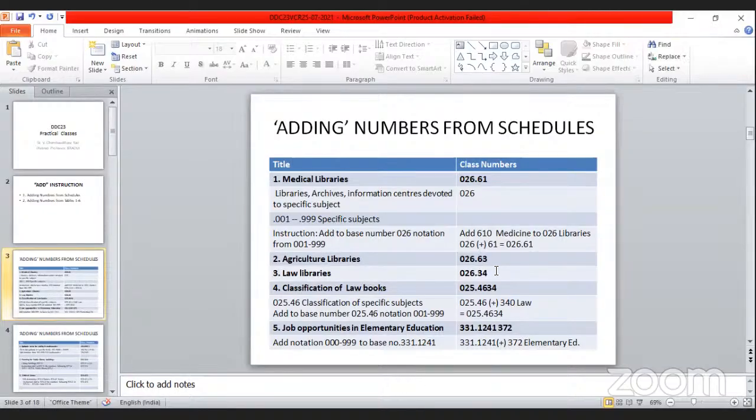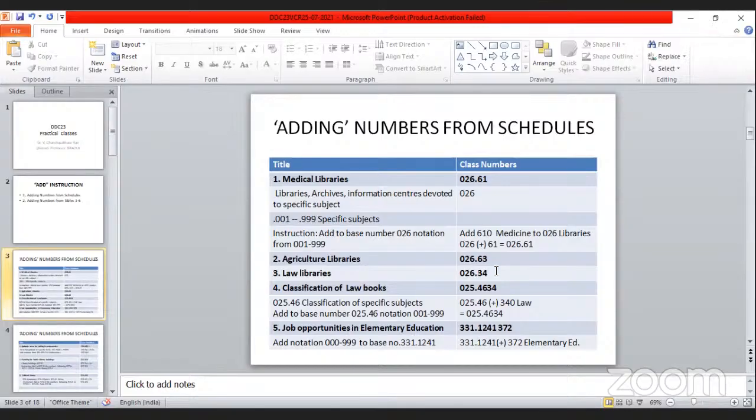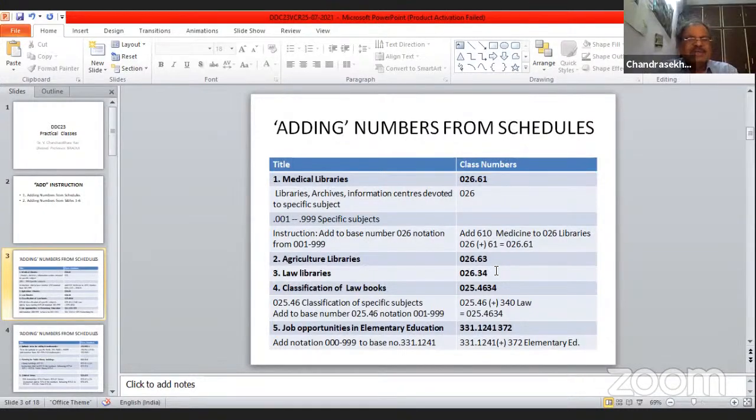Classification of technology books. Technology: 025.466. 6 only. 600 is technology, but we are taking only 6; the last zeros we are omitting.